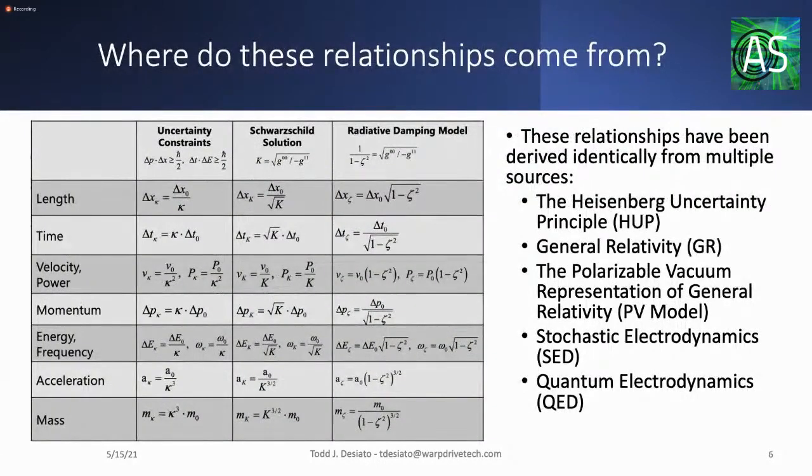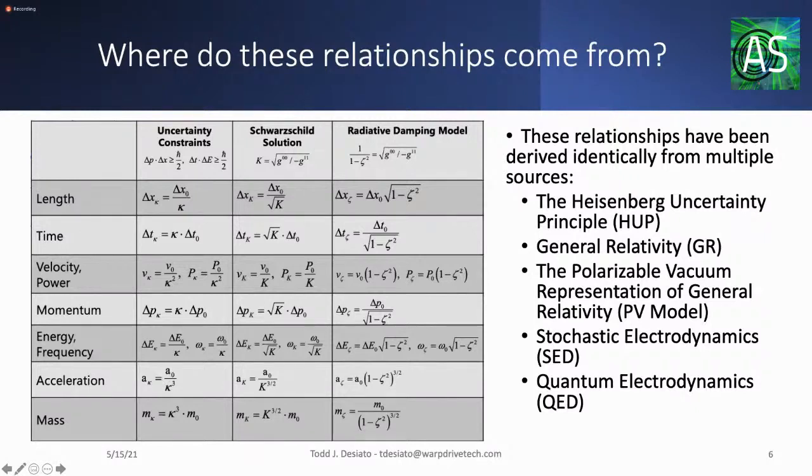Okay, so where do these relationships come from? These relationships have been derived identically from multiple sources. In my previous presentation from last month, I derived them from Heisenberg's uncertainty, and these are those relationships here in column 1.